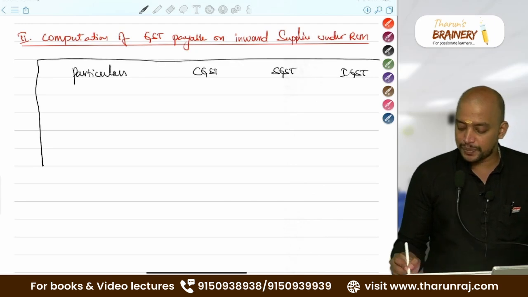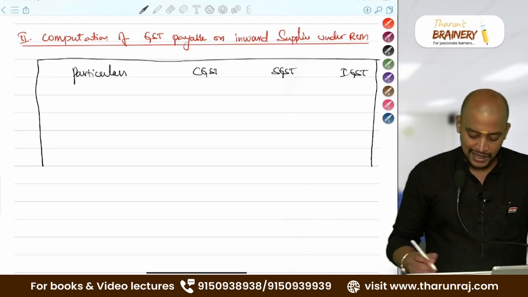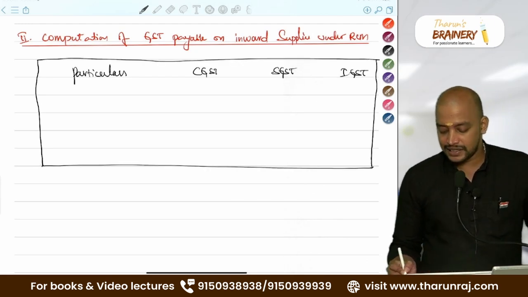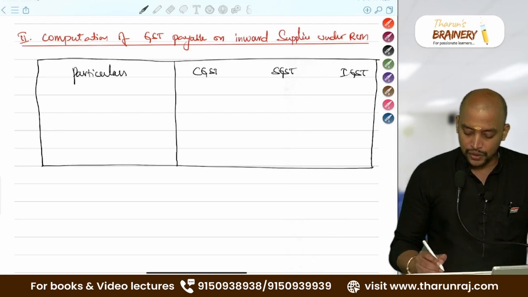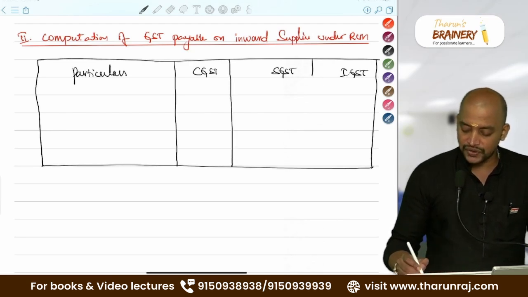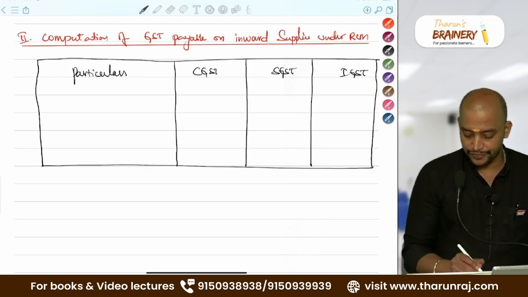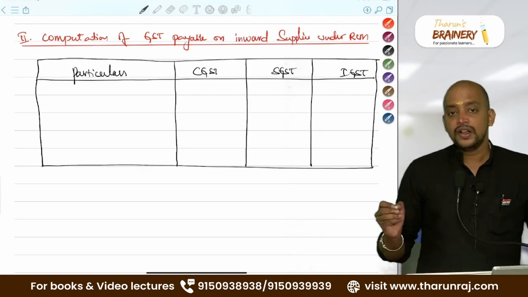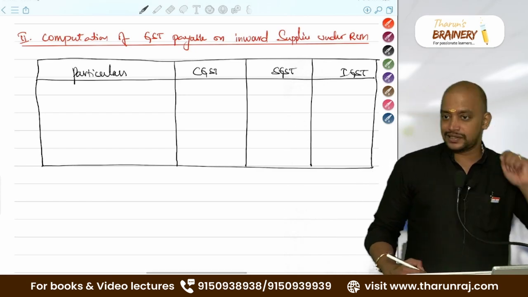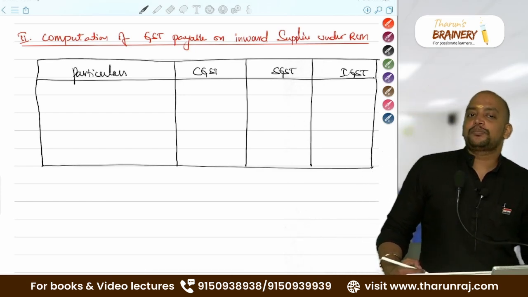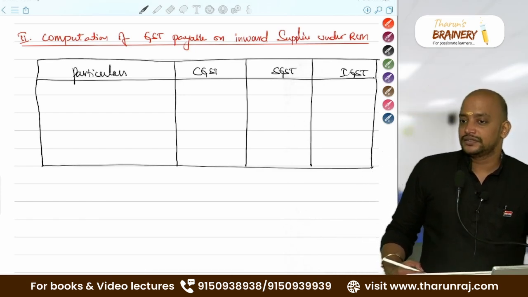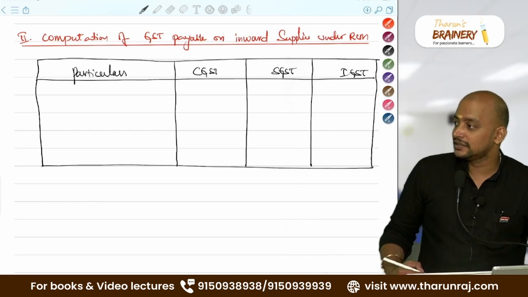So you see the respective transaction, and after that you need to check only those transactions which will be covered under RCM. First you need to take inward supplies. Suppose that inward supply is again not a supply, will you bring it here?